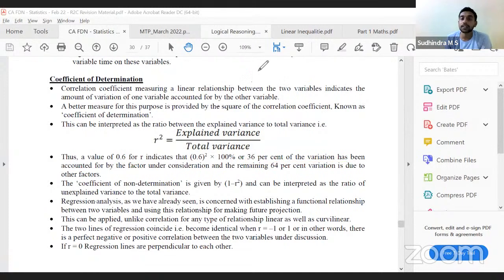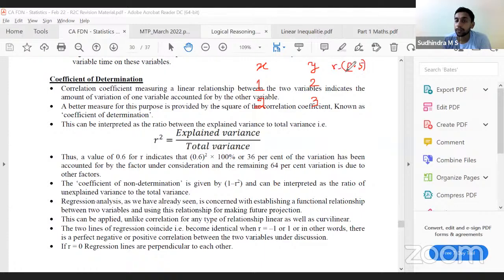So, simple to understand, X and Y. X is 1 and Y is 2. If X becomes 2, Y changes to 3. Let's say the correlation that we get is 0.5. So what is the coefficient of determination?